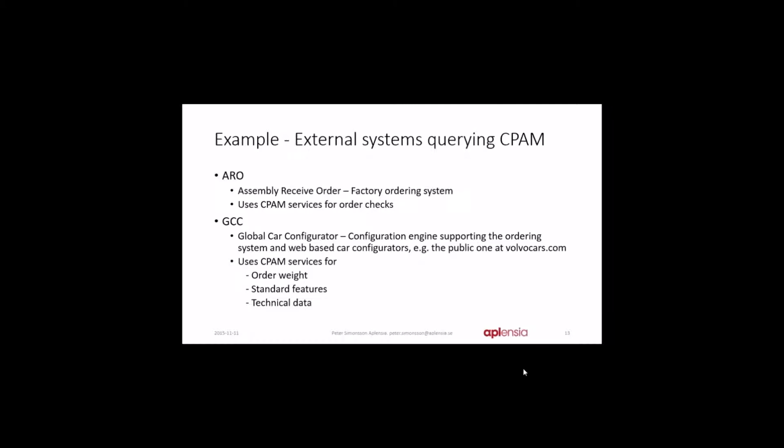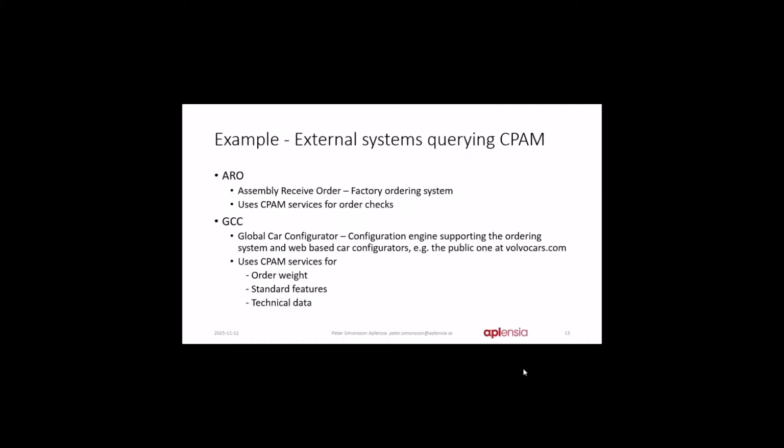So they use CPAM services to check every single order being placed. And if CPAM doesn't respond to this, basically, it will eventually stop the order flow and, down the line, cause a problem in the production.